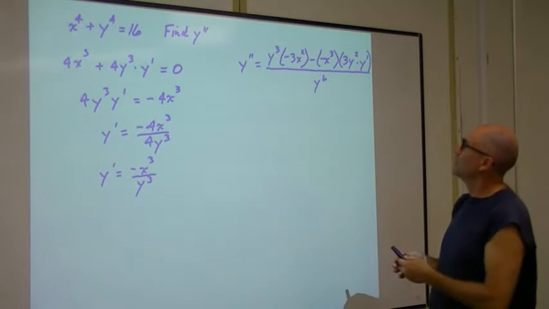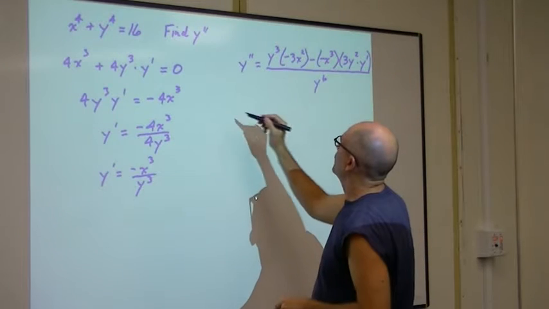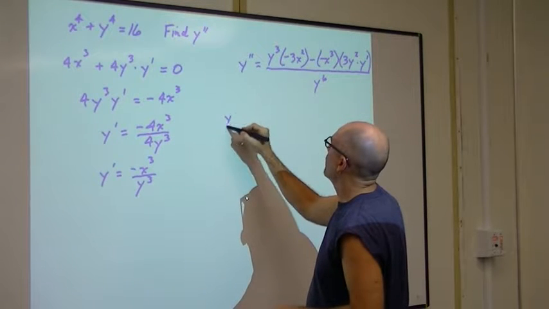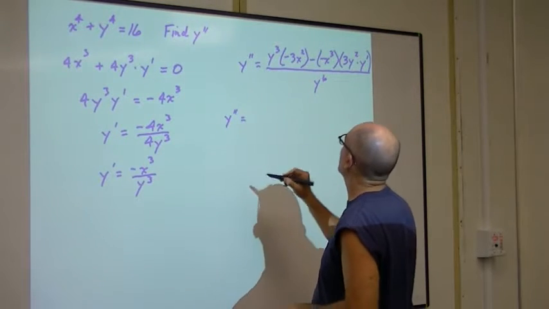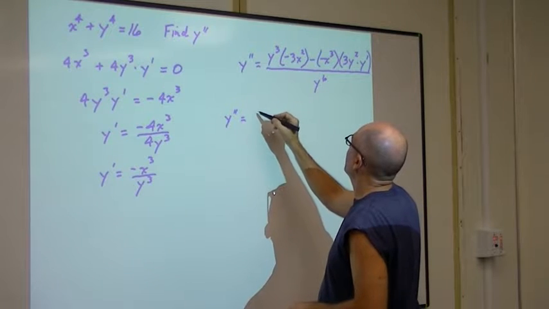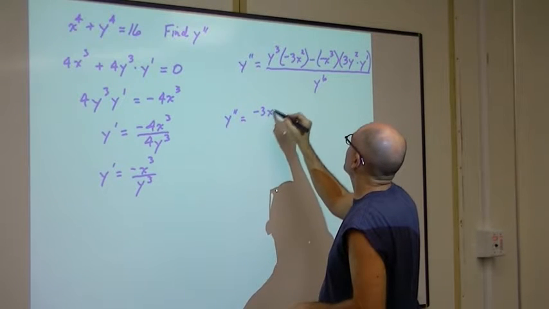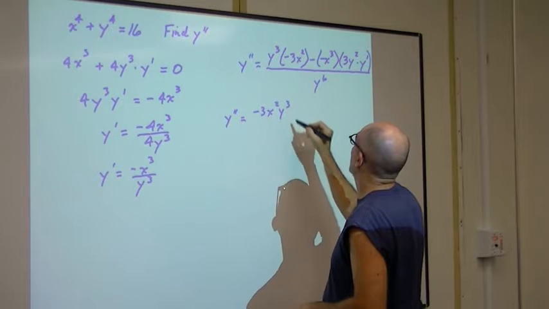Okay, so let's clean this up. We've got y double prime equals negative 3x squared y cubed.